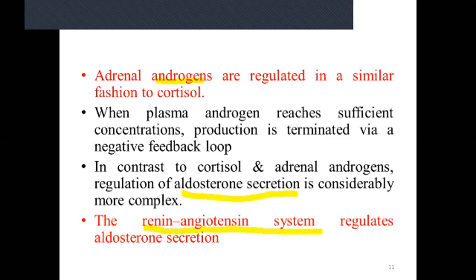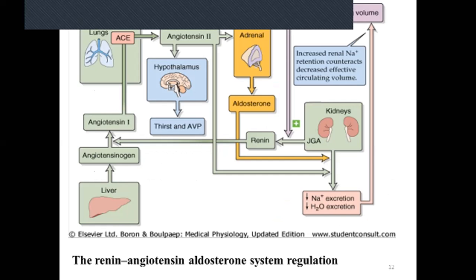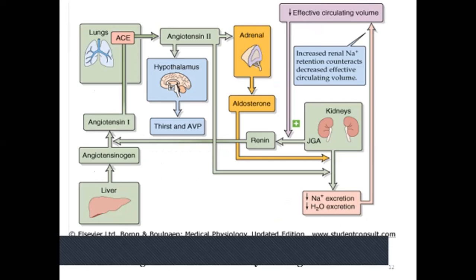So the next slide will show you the regulation of the renin-angiotensin aldosterone system. Remember, what normally stimulates the RAS system is mostly a decrease in circulatory volume.